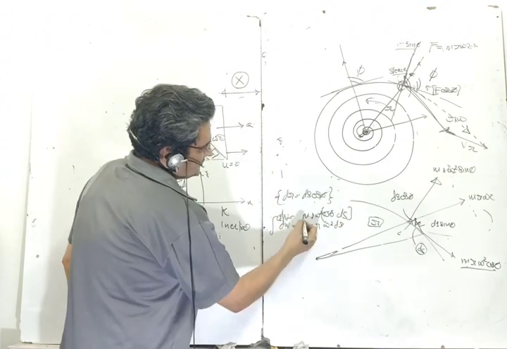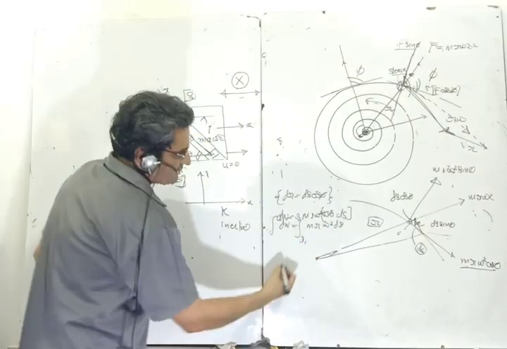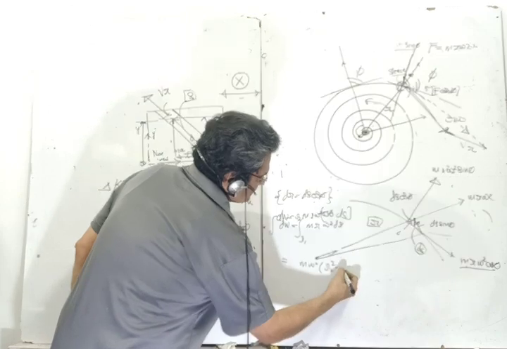So integrate it from r1 to r2. Suppose it moves from r1 to r2, any arbitrary points. So you get m omega square (r2 square minus r1 square) upon 2. The job is done.